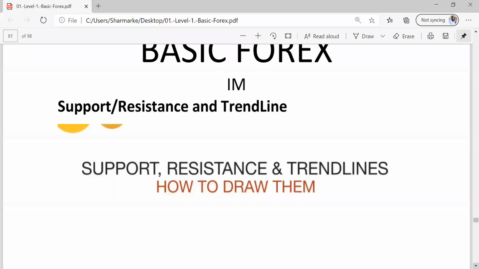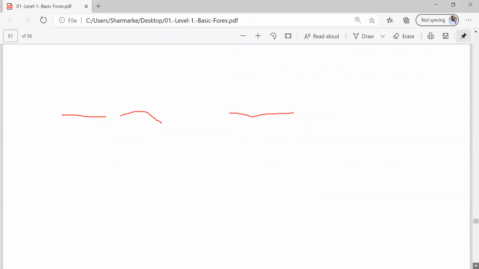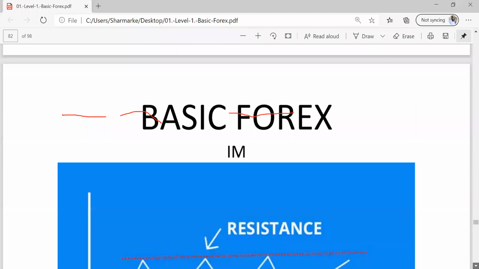So if you are in a good position with basic Forex, you are expected to have good results in trading Forex, because we talk about everything. Here tonight we are also going to discuss what support is, what resistance is, and what a trend line is, and how you can draw support and resistance. We will see examples within the coming slides.